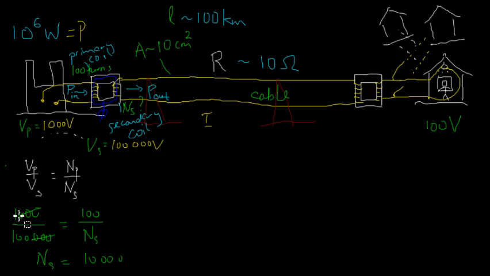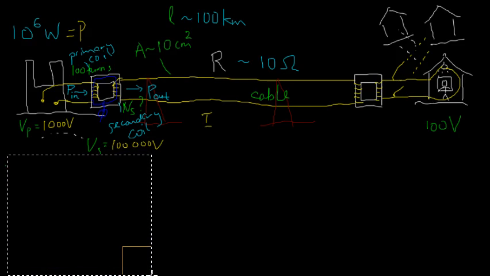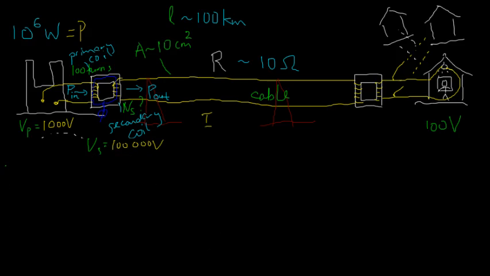Suppose that we know that the secondary coil has 10,000 turns, and we know that the primary coil has 100 turns.